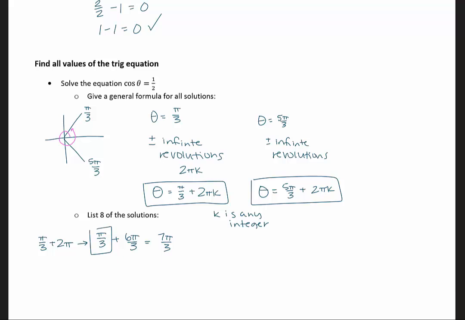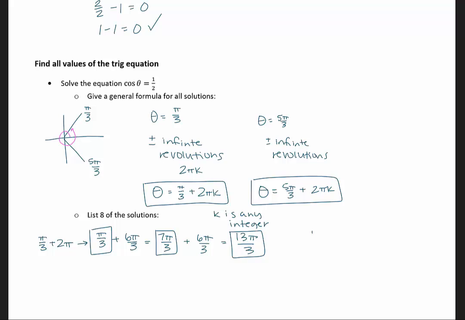So here's one solution, here's 2 solutions. And so I really just need to find 2 more with pi over 3. So I could take pi over 3 and add 12 pi over 3, or whatever you want, right? That would be adding 4 pi. Or I can just take this and add 6 pi over 3. And so that would give me 13 pi over 3. So that would be another solution.